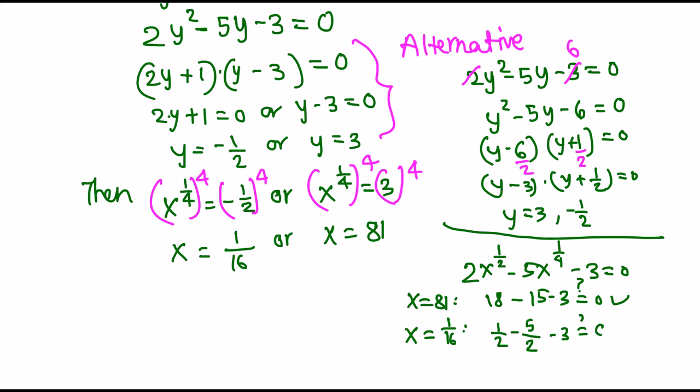Is this equal to 0? No, there is a lot of negative, so no. So x equals 1/16 is not a solution. Okay, so x equals 81 is the only solution.